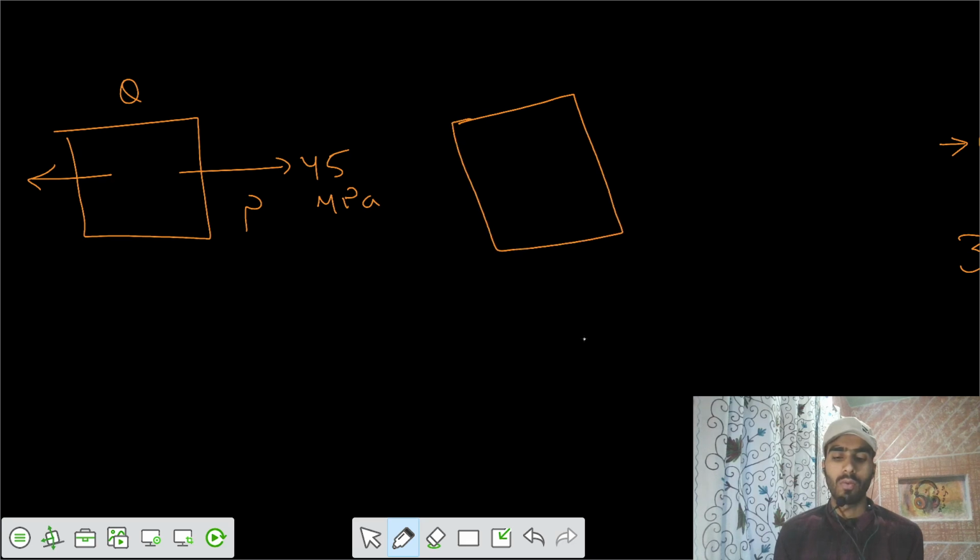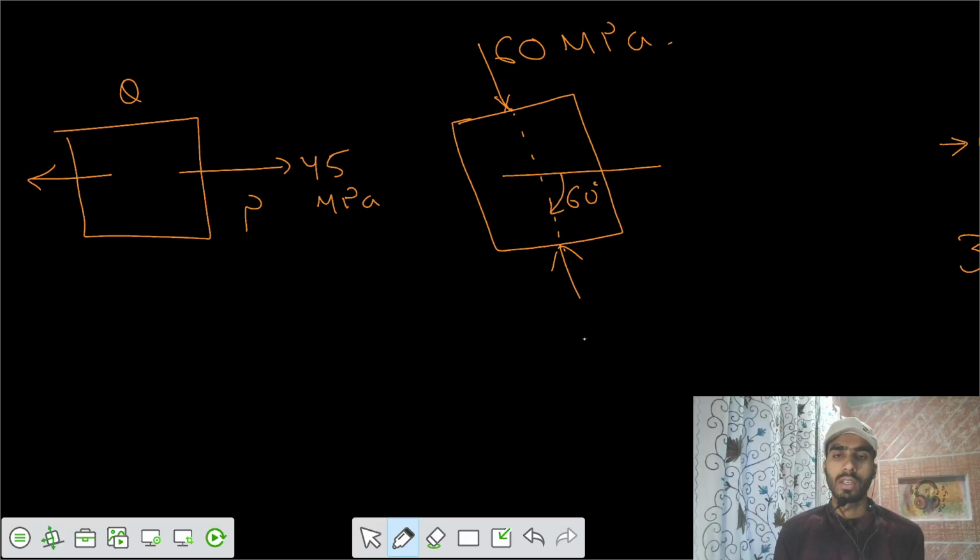So the state of stress looks like this. We have a stress value equal to minus 60 megapascal, that is compressive. The line of action of this stress is making an angle of 60 degrees with the horizontal.